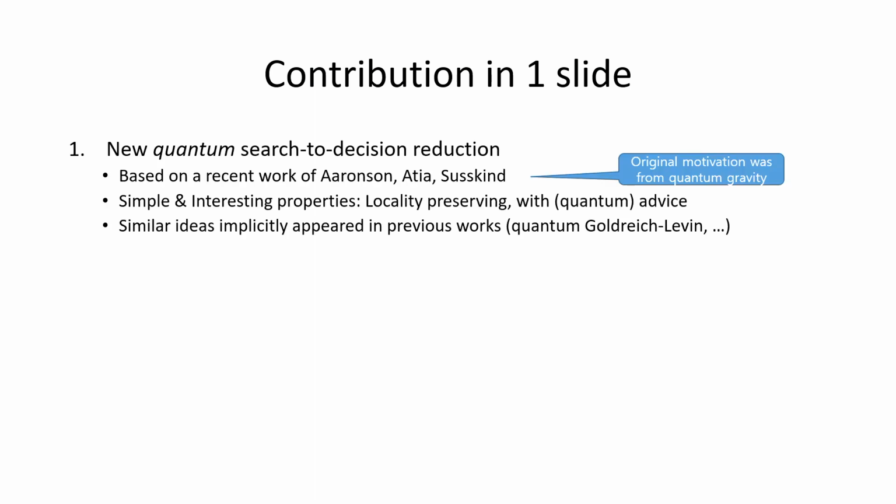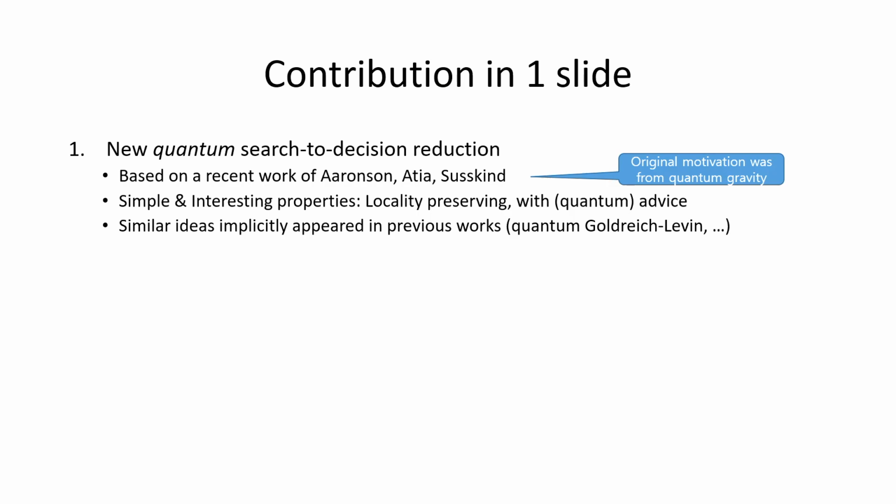Okay, let me summarize the contribution of the research in just a single slide. First, we found a new quantum search-to-decision reduction. This is actually a theorem of the physicists Scott Aaronson, Yuen, and Susskind. And actually, their theorem was motivated by something, I don't know, quantum gravity or quantum black holes.